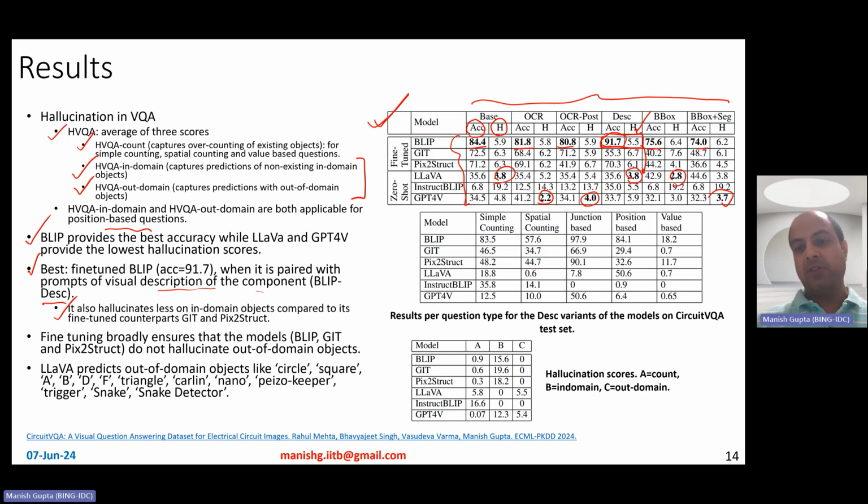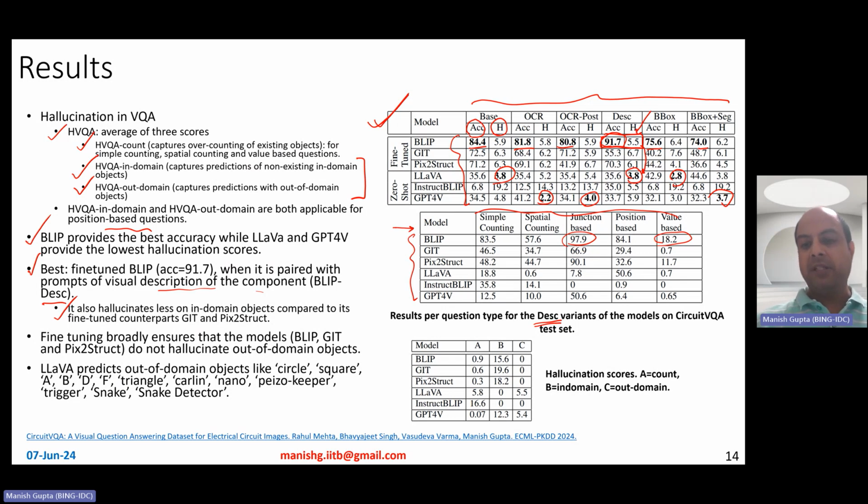Other tables show you other views. For example, this table compares these models across the types of questions. As you can observe, for the description variants, the BLIP model really performs very well for junction-based questions, but it does not really perform very well for value-based questions, for example.